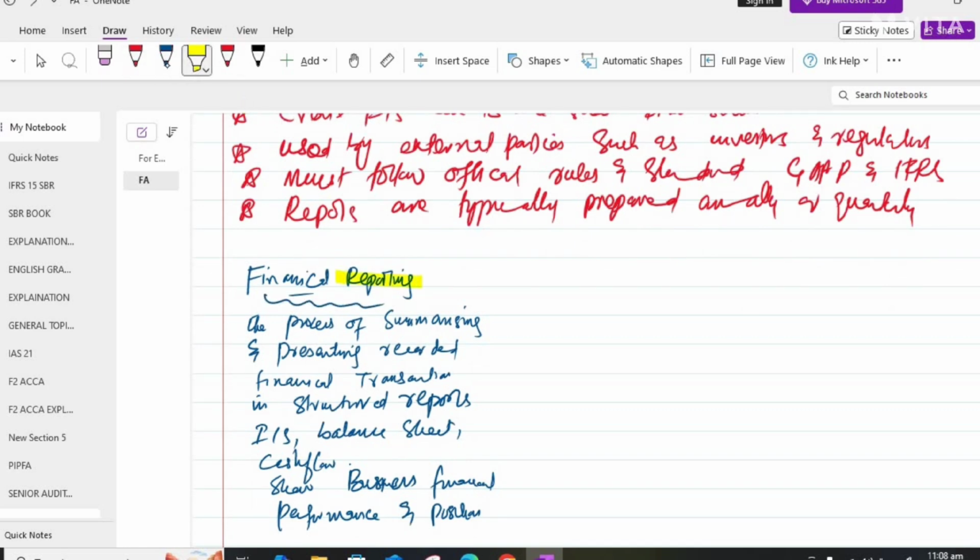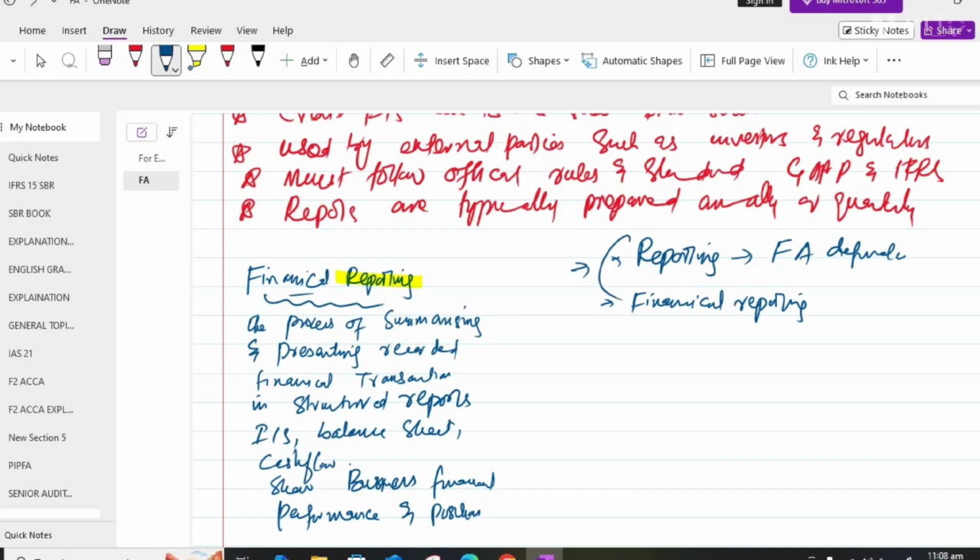What I'm trying to say is, what is the difference between the term reporting that we have studied in the financial accounting definition, and the concept behind financial reporting? So what is the difference between these two terms?